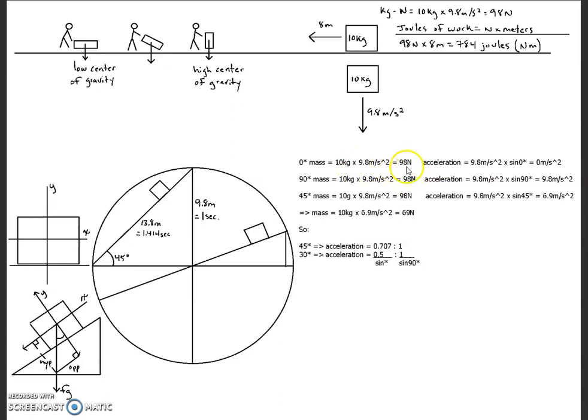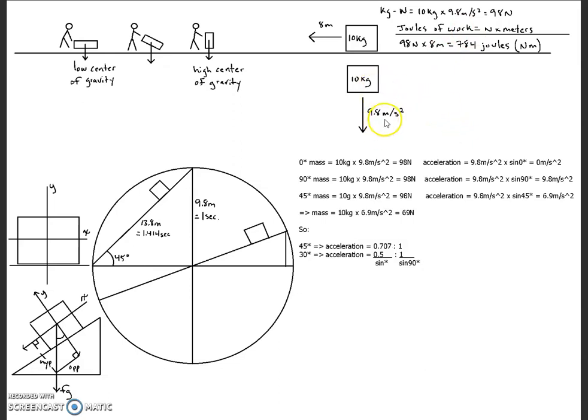Gives us 98 newtons. The acceleration is 0. I just have a circle put up here, up to whatever degree in here. So if it's just sitting flat, as this would be, we can move it sideways. We have to put some force in, but there's really no acceleration other than the energy we put in.